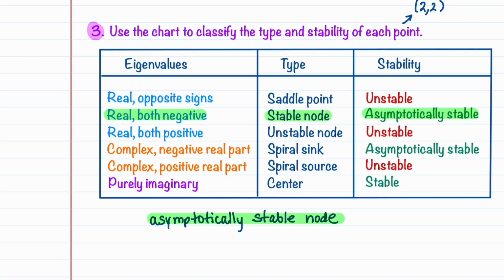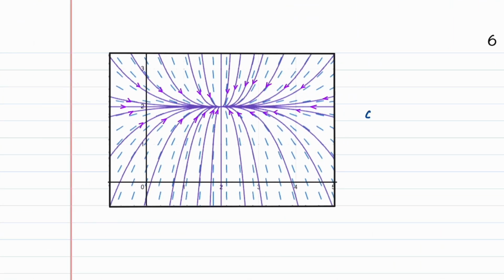And there's our solution. Let's now look at the phase portrait so we can understand this a little bit better. Our critical point is equal to 2, 2. So let's go ahead and highlight that. Here's the point 2, 2. And we know that this point is asymptotically stable.